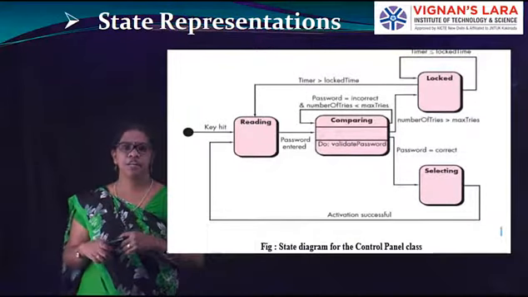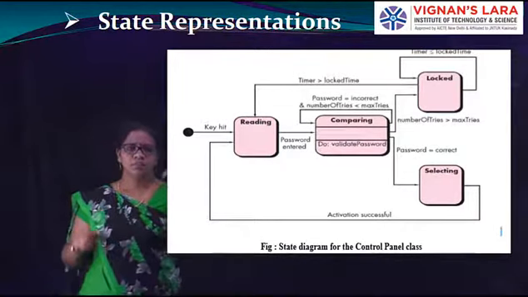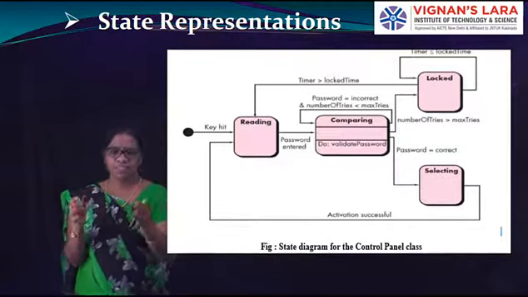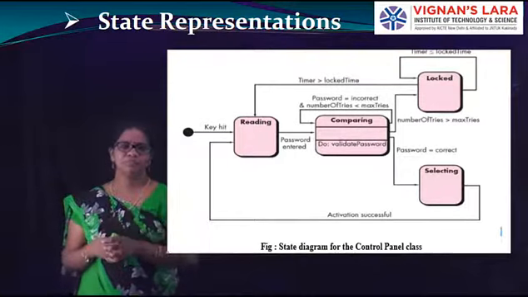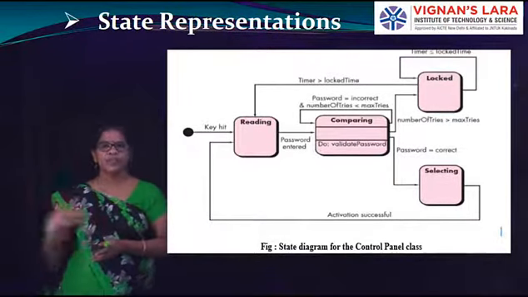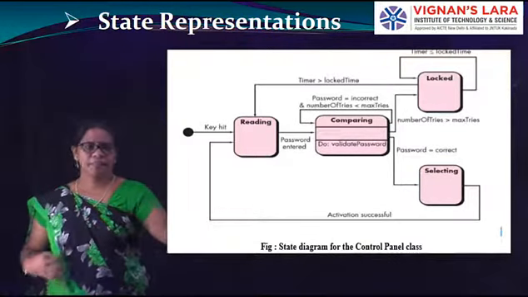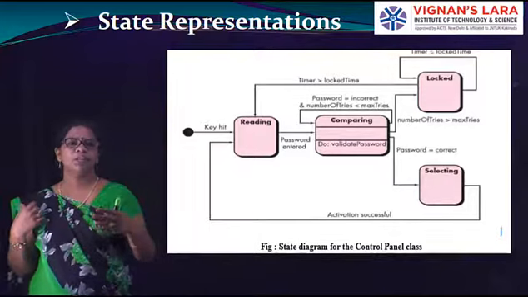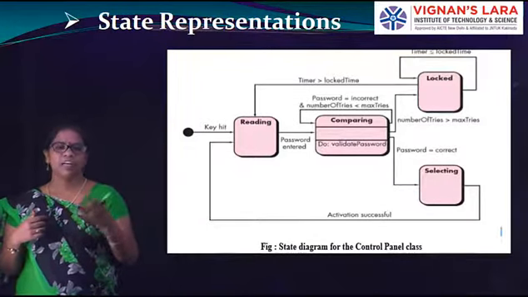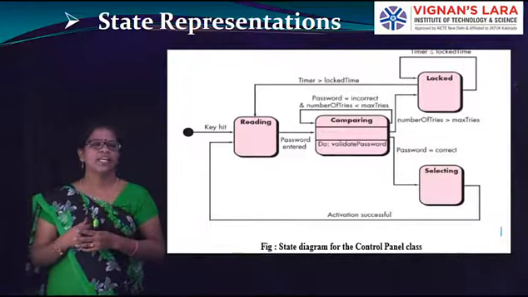If the user has given the wrong username and password multiple times, the site will be locked for some time. In internet banking, if you enter the wrong password multiple times, the user will be locked for some time, 24 hours or 48 hours, according to the bank. That is the time lock.